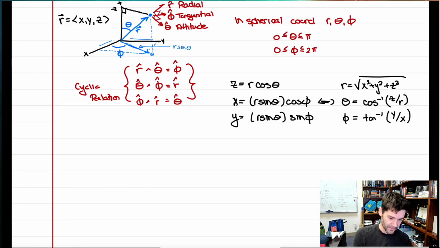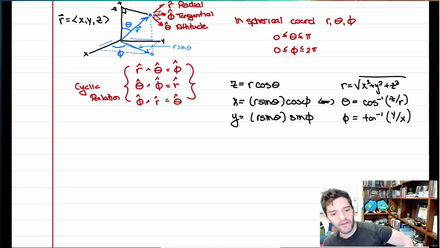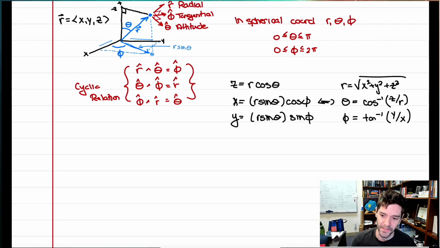If you wanted to do F equals ma and you wanted to use spherical coordinates, you could write down all the forces in the r, theta, and phi directions, but then the acceleration vector you use would not just be simply x double dot like it is for Cartesian, but it would be some slew of terms like it was for polar coordinates, where it was r double dot minus r theta dot squared for the radial direction, for example.